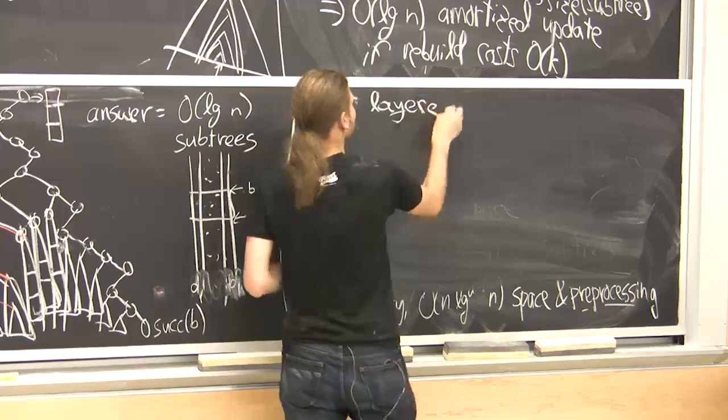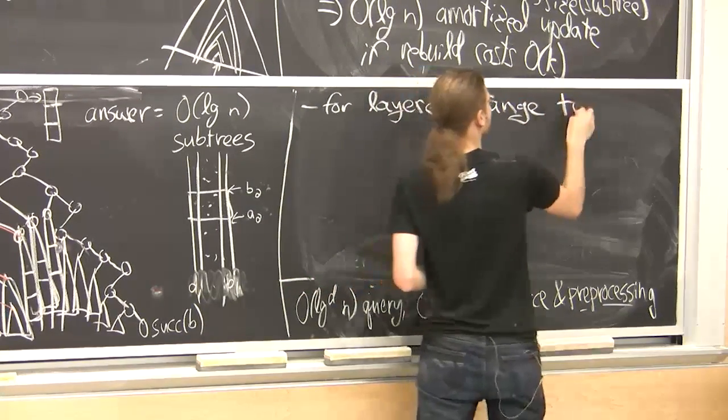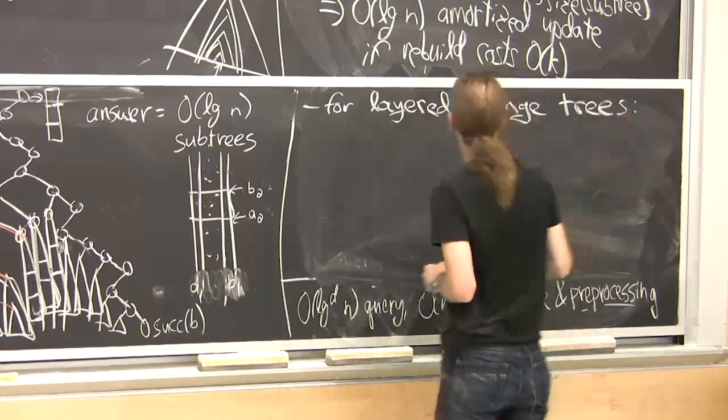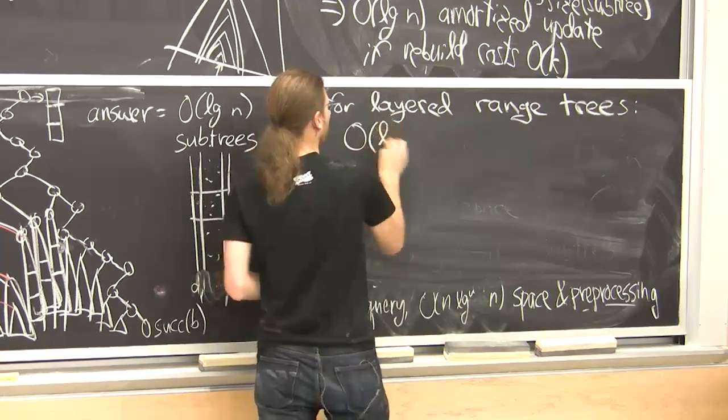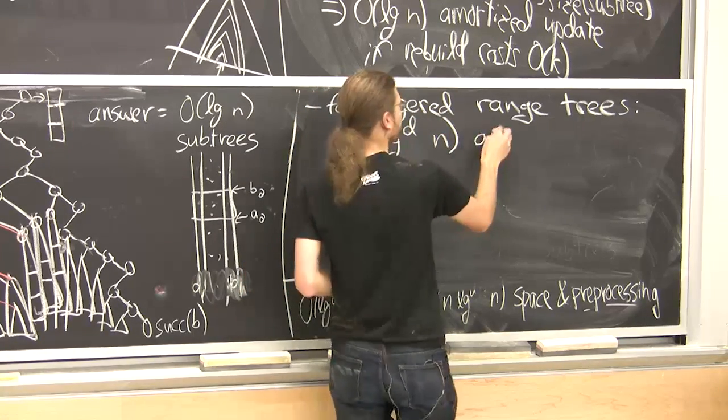And now if we apply this to layered range trees, we get log to the d amortized update.